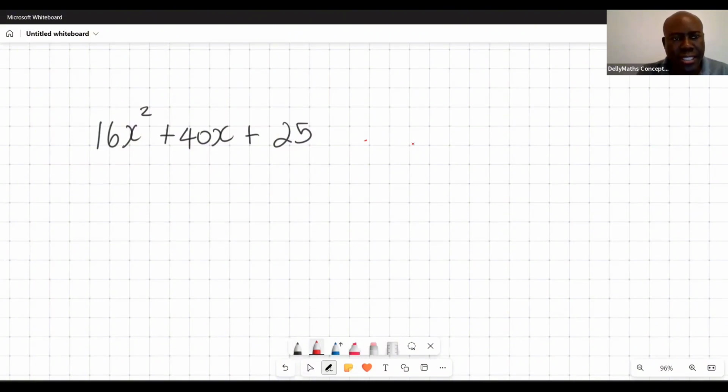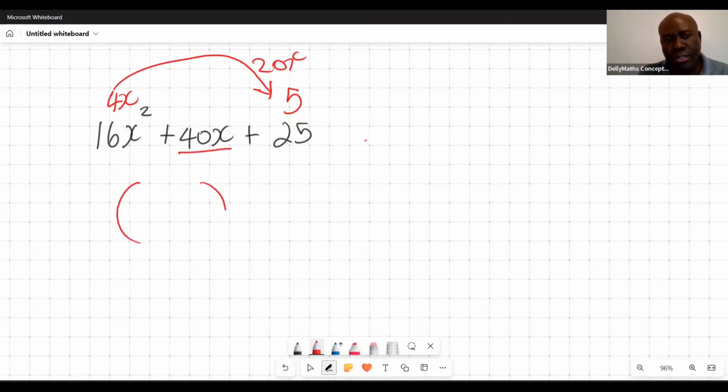The square root of 16x squared is 4x. What about the 25? Yes. The square root of 25 is 5. Let's double check to see if we get the middle term. I'm going to multiply these two. 5 fours, that's 20x, and if I double it, I get 40x. So yes, that is in the perfect square format.